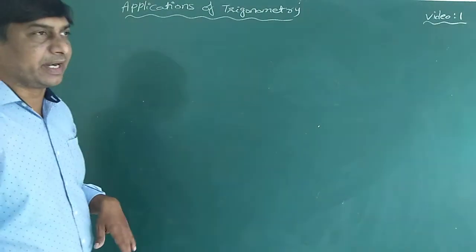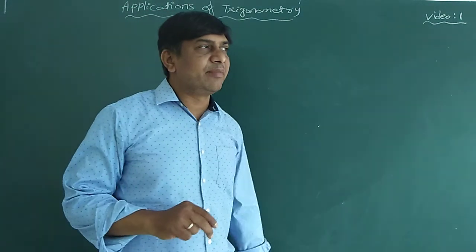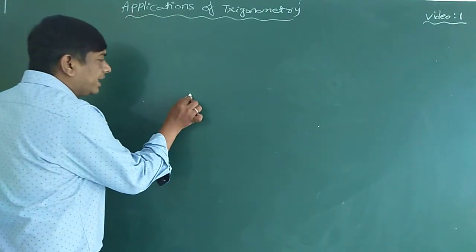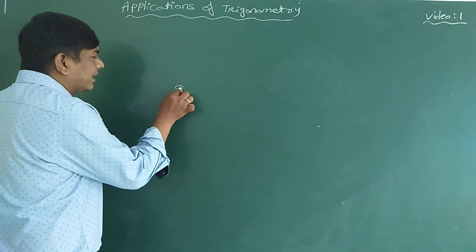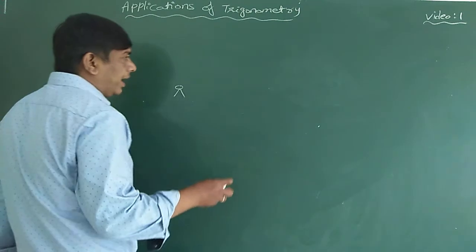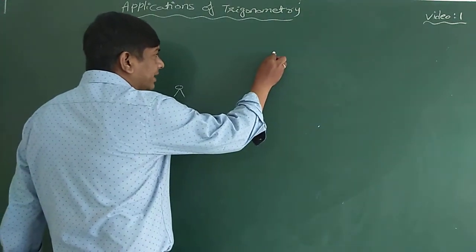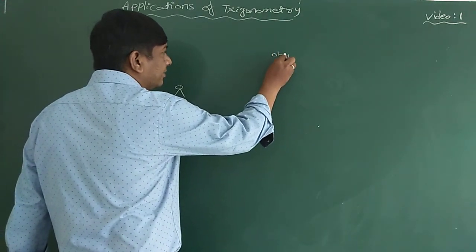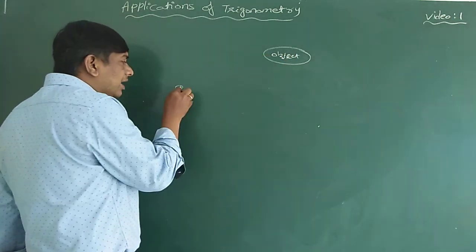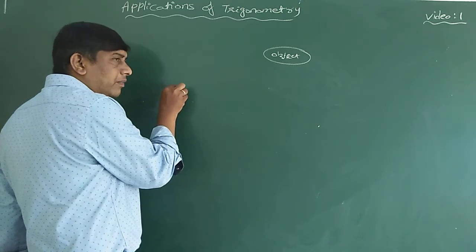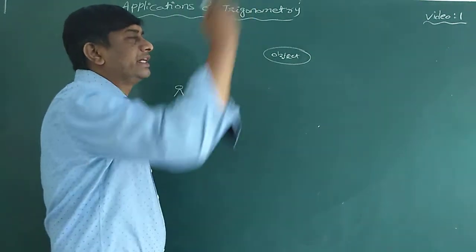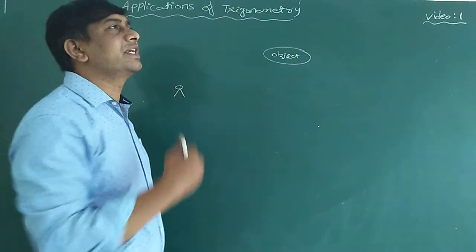Applications of trigonometry. Here, two very important definitions we have to learn. Suppose a man is standing at one place and he is observing an object. If I ask you to observe that light, you will see the light in this way.